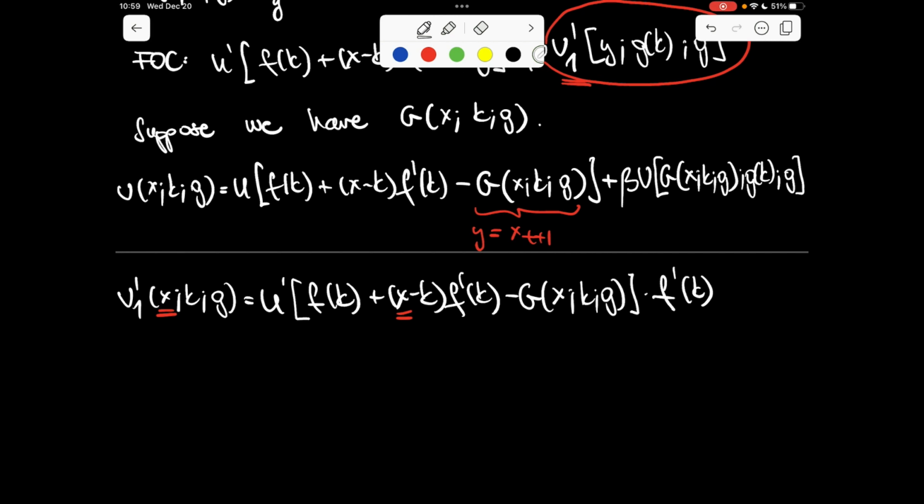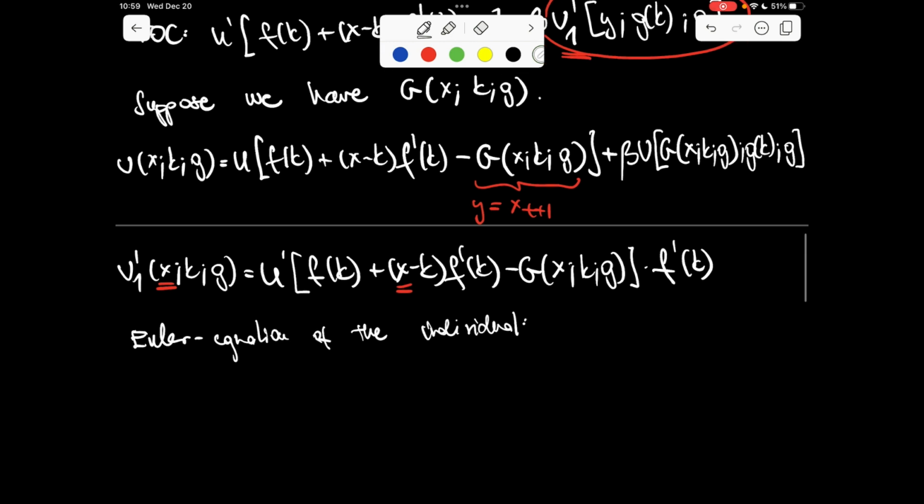So putting the first order condition and the envelope condition together, we get the Euler equation of the individual. It is quite long.